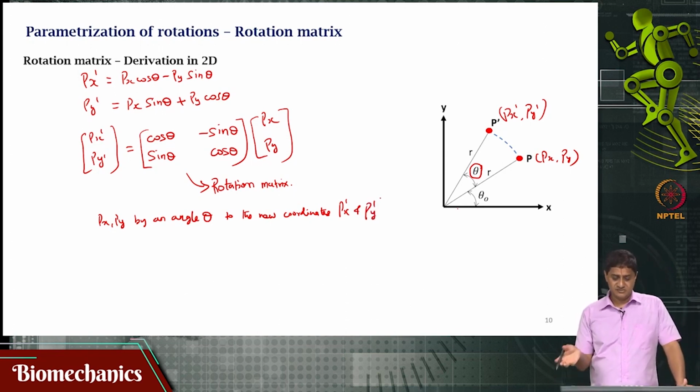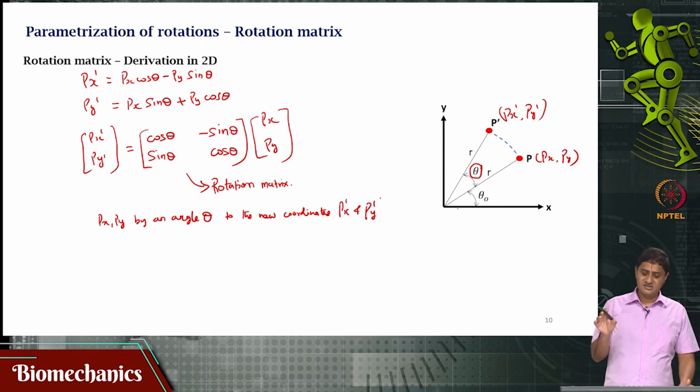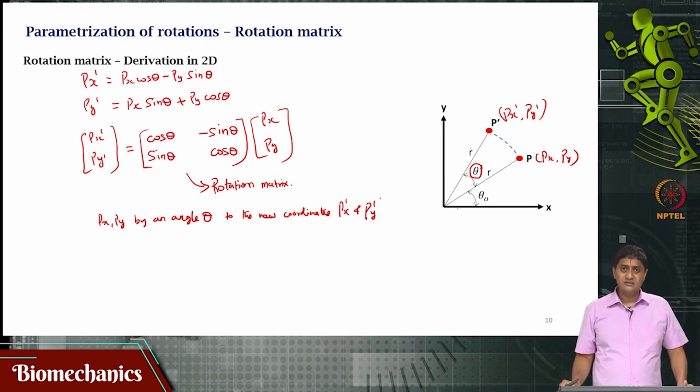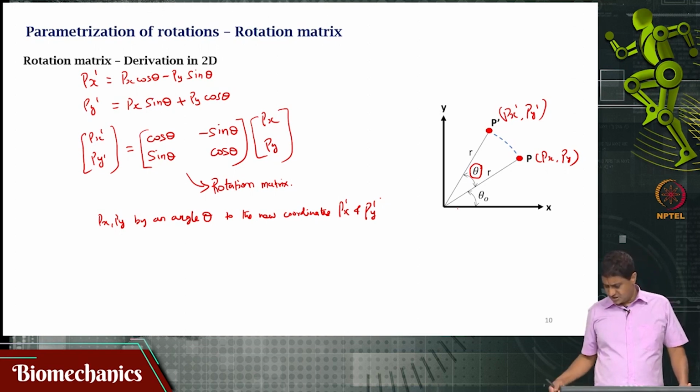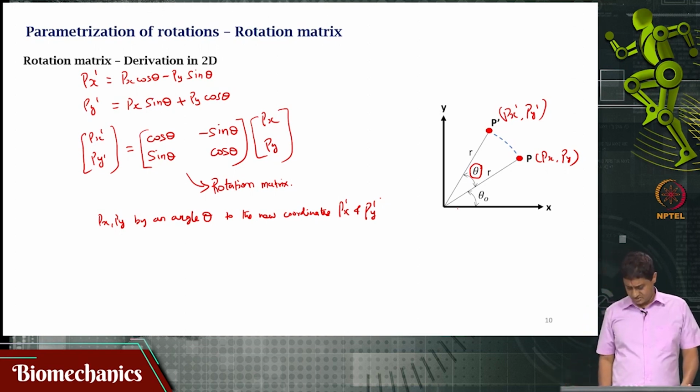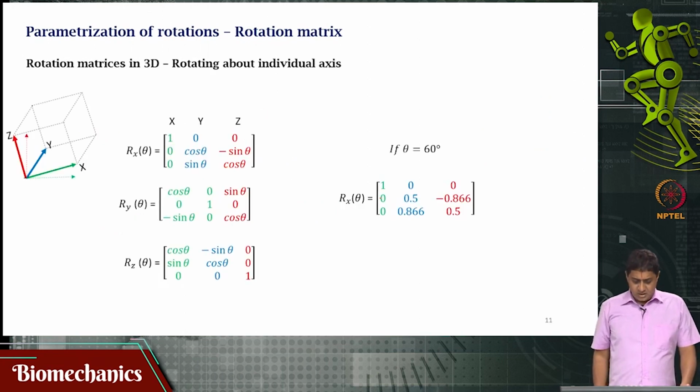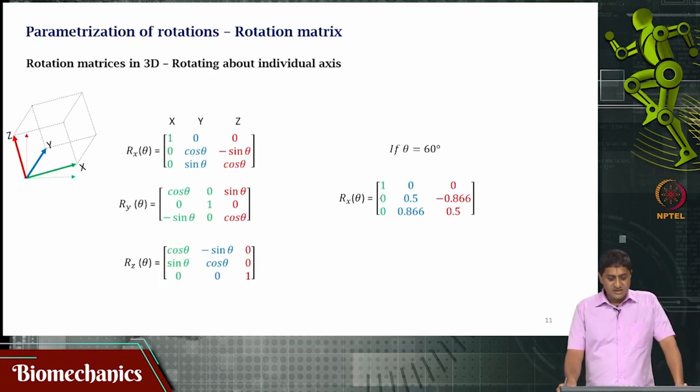So, this is the matrix that rotates this point by an angle theta. Remember, this is in 2D. We can also have this in 3D. Would that be a trivial extension of the 2D? I will leave that as an exercise for you.